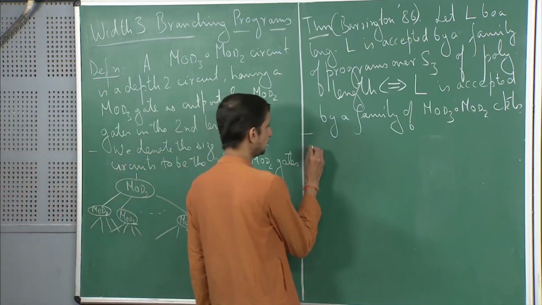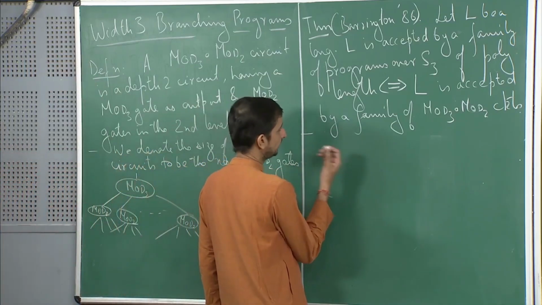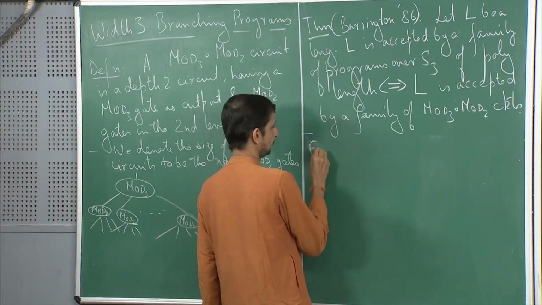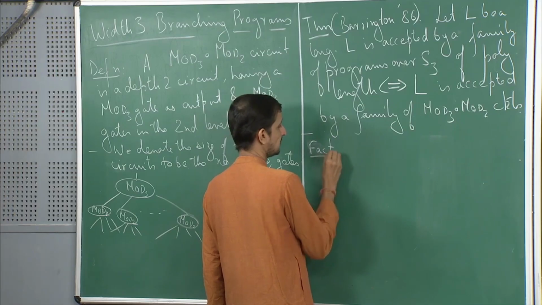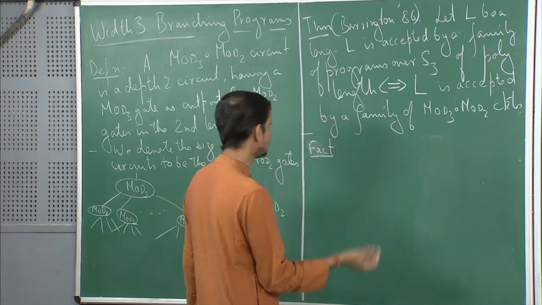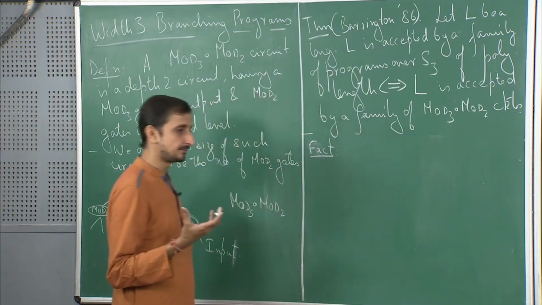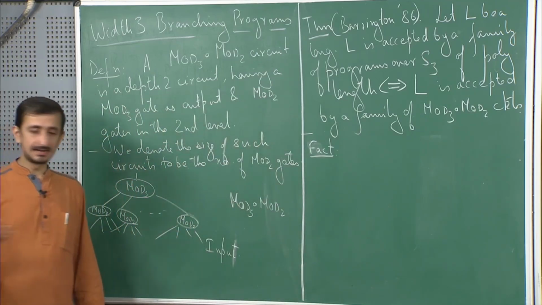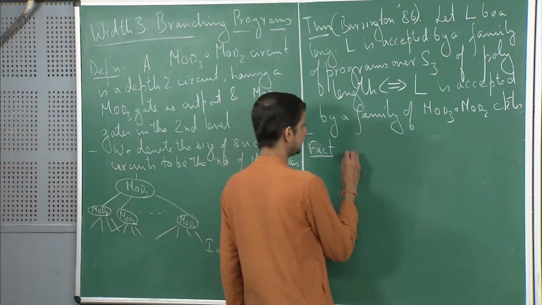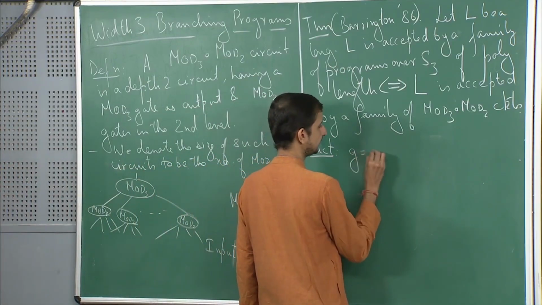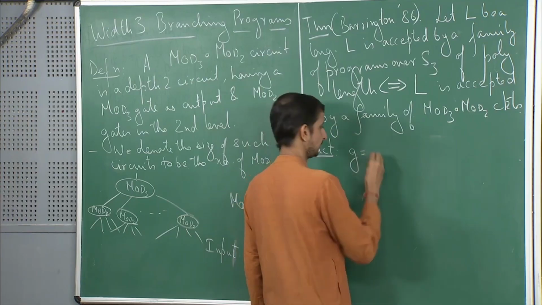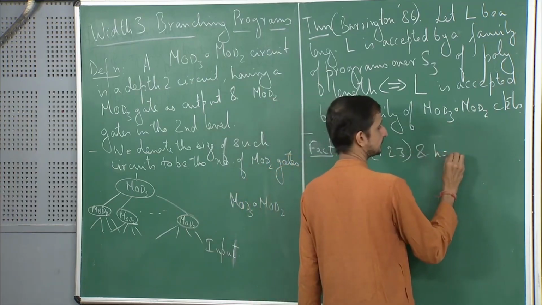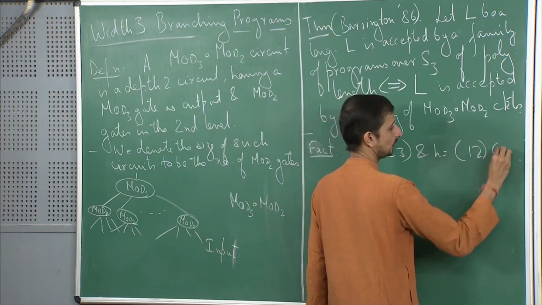A couple of lemmas before we get to the theorem. First, a simple fact. S3 is the symmetric group of order 3, and it consists of 6 elements. Look at these two elements: G equal to (1 2 3), and H equal to (1 2).